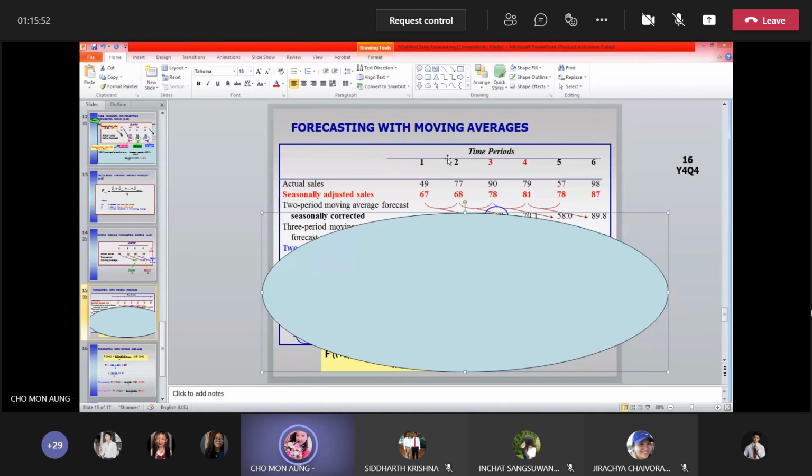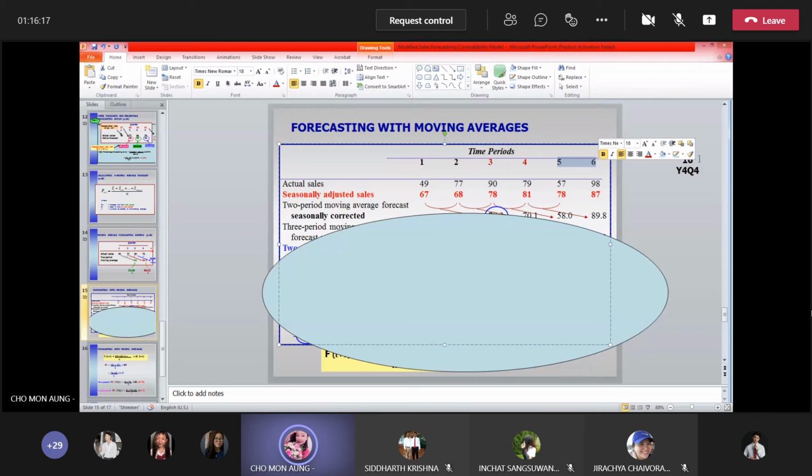These are the time periods, 1, 2, 3, 4. That is year 1: quarter 1, quarter 2, quarter 3, and quarter 4. So after year 1, quarter 4, number 5 is supposed to be year 2, quarter 1. Number 6 is supposed to be year 2, quarter 2. And so on, we keep counting.